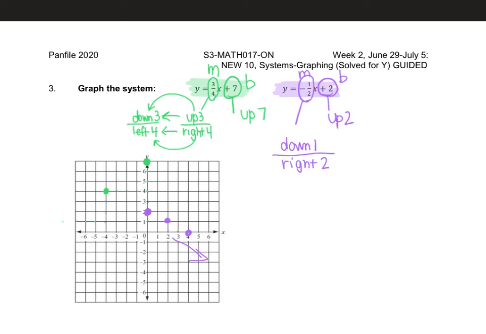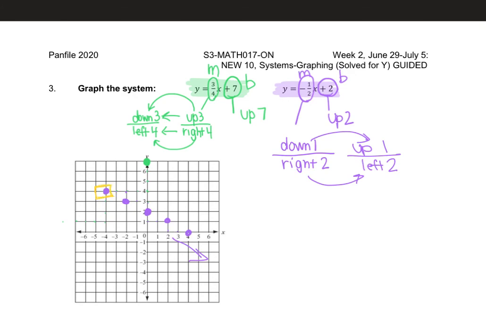Instead of going down 1, I can go up 1, but instead of going right 2, I have to go left 2. So if I go up 1, I have to go left 2. And again, up 1, left 2. There's that dot where they match.